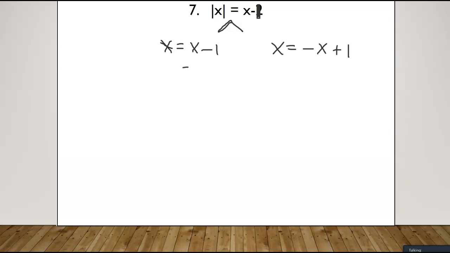So subtract x to this side. X minus x is 0 equal -1. Does 0 equal -1? No, so that didn't even give me any answers. That was just totally bad.